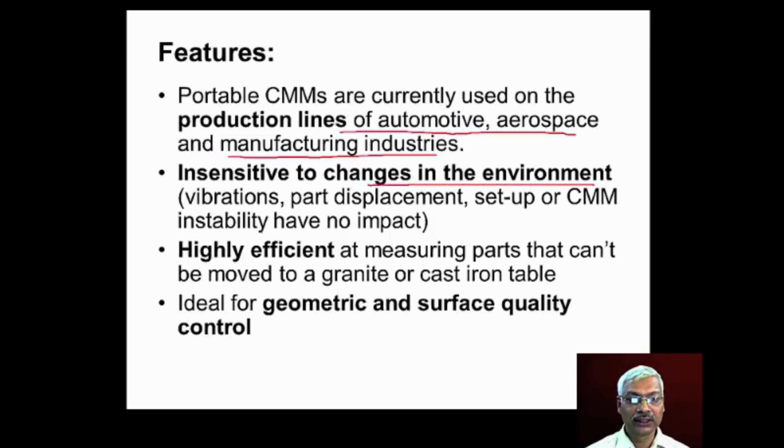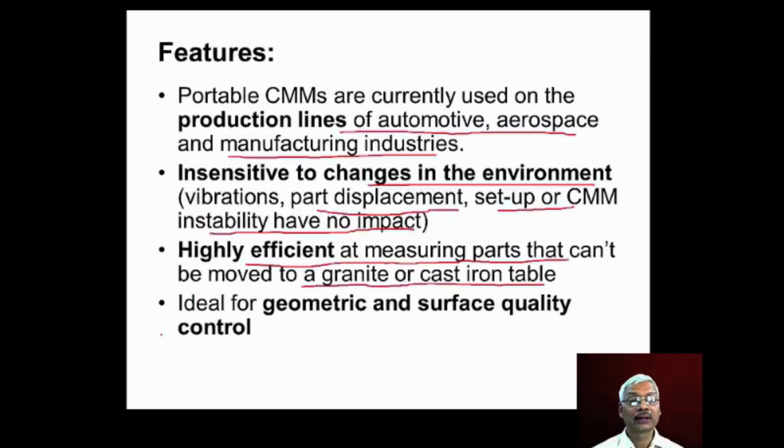That means the vibrations of the workpiece because of nearby installations, part displacement, and setup or CMM instability have no impact on the measurement. These portable CMMs are highly efficient at measuring parts that can't be moved to a granite or cast iron table. They are ideal for geometric and surface quality control.